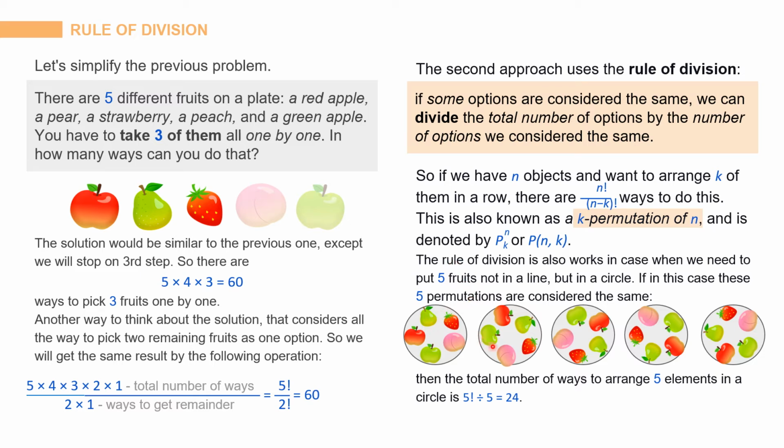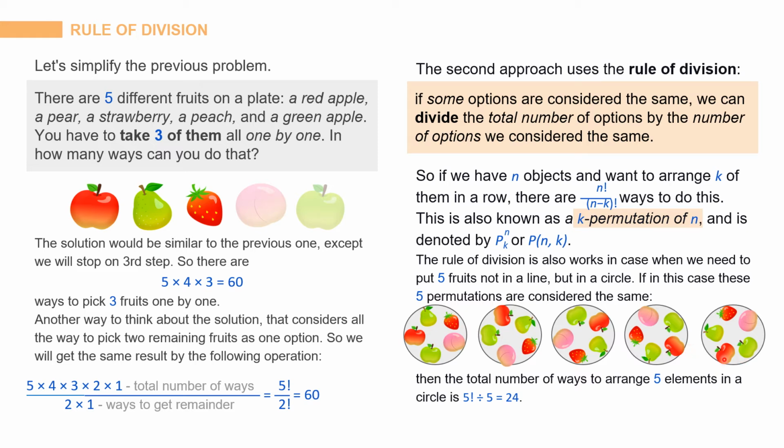So all 5 of these are considered the same because going clockwise, we're always going red apple, pear, strawberry, peach, green apple. See, all 5 of these have the exact same order. The only thing we changed was the starting position of the red apple. So it could start here, or 1 over, or 2 over, or 3 over, or 4 over.